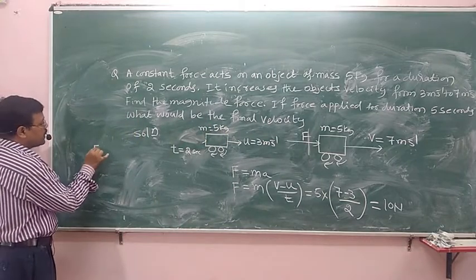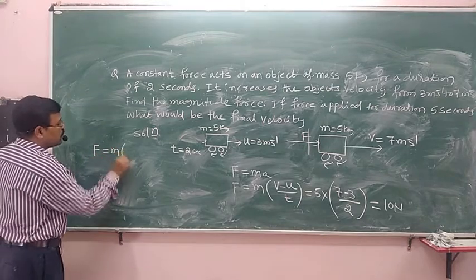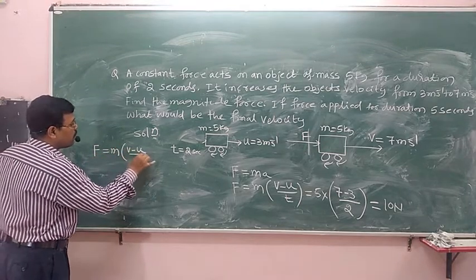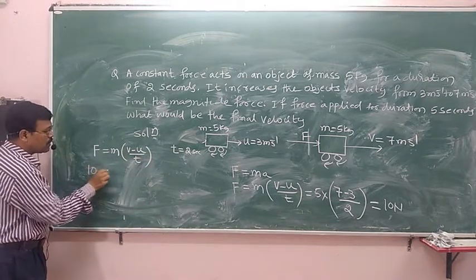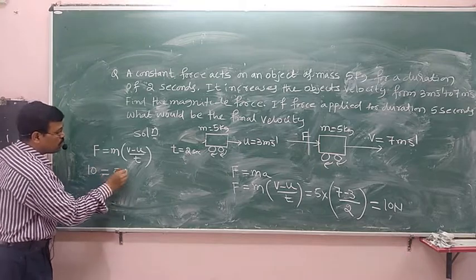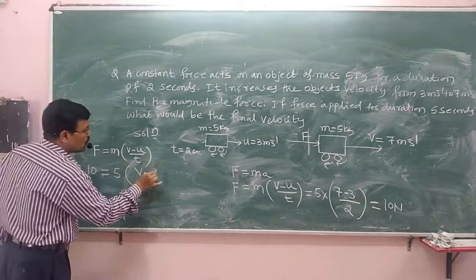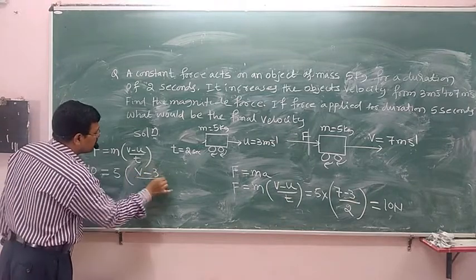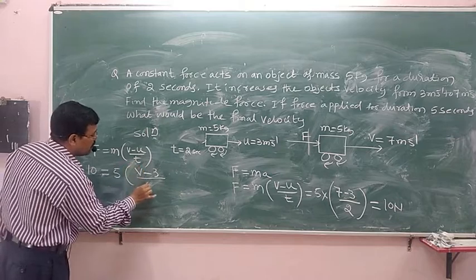As we know, F is equal to m into (v minus u) by t. Same formula. F is 10 Newton, m is 5, v is to be calculated, u is 3 only, divided by t, which means 5.